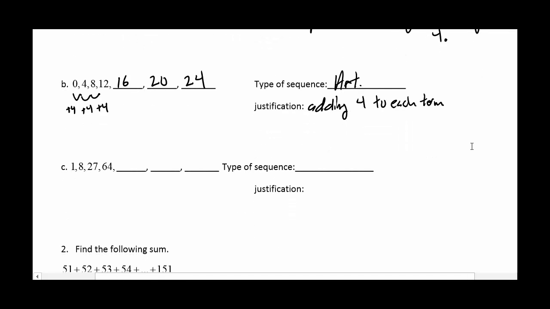All right, and then this last pattern is, let's see, so we'll try arithmetic first. 1 to 8 is 7, but 7 plus 8 is not 27, so it's not that pattern. So it's not arithmetic. Geometric is multiply. So let's see if we're multiplying by 8. 8 times 8 is 64.